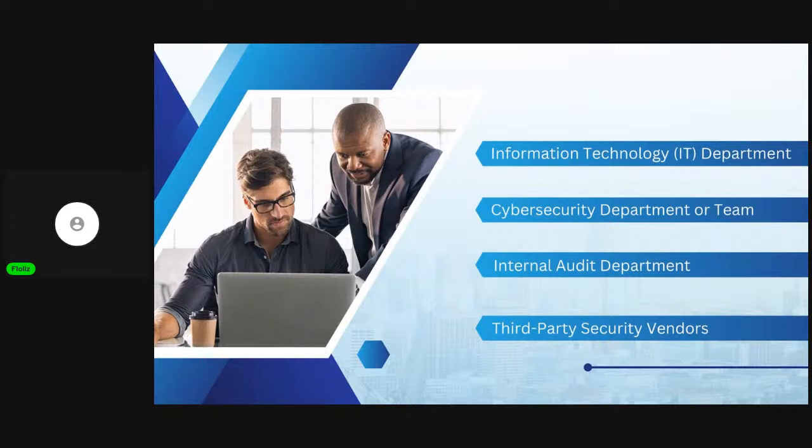So you also have the third party security vendors. Many of the OFIs outsource their IT. Because you've outsourced your IT, you may really not have the technical know-how when you are experiencing either a phishing attack or ransomware attack. So you need to also co-opt your third-party vendor because they have more experience in mitigating this kind of risk.